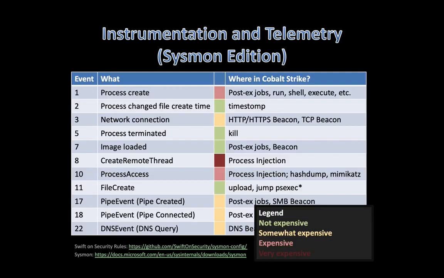This slide is a subset of Sysmon events and where they occur in Cobalt Strike. Here I also have a legend that represents Raphael's 5 minutes of thinking about it rubric on which of these events are very expensive for OPSEC purposes and which ones are not.